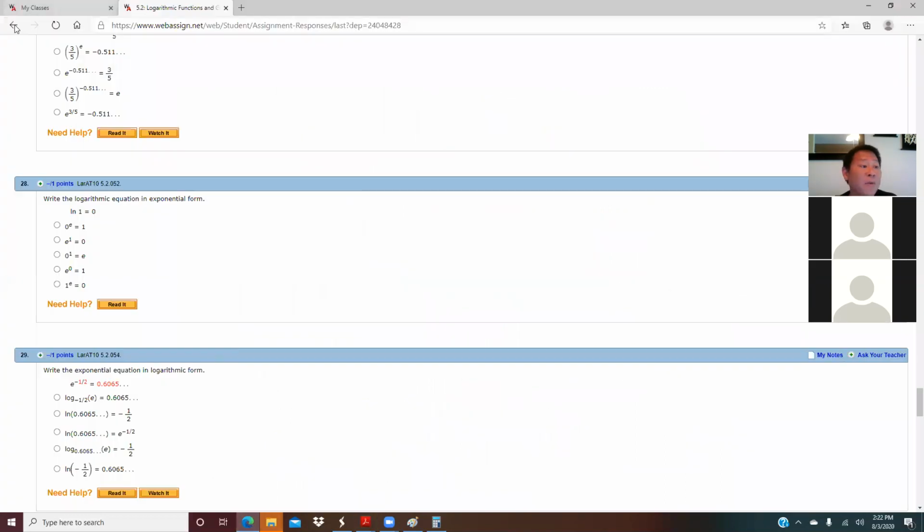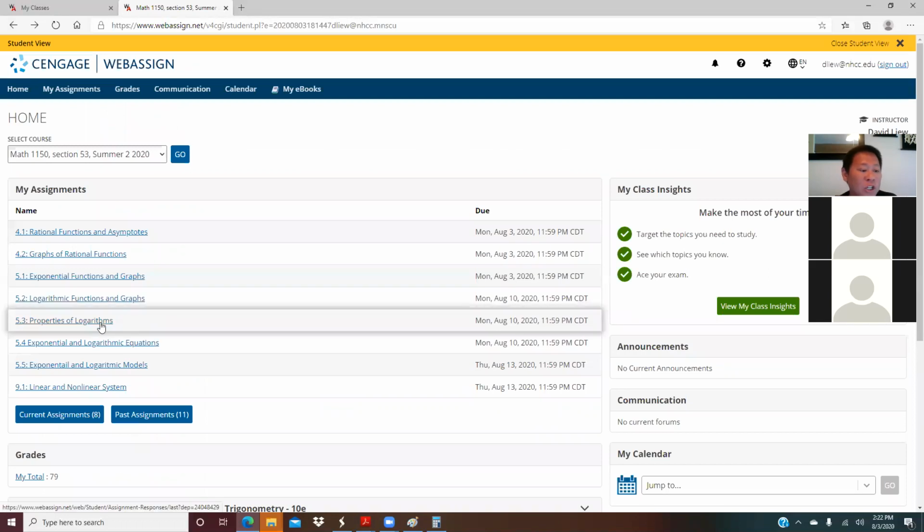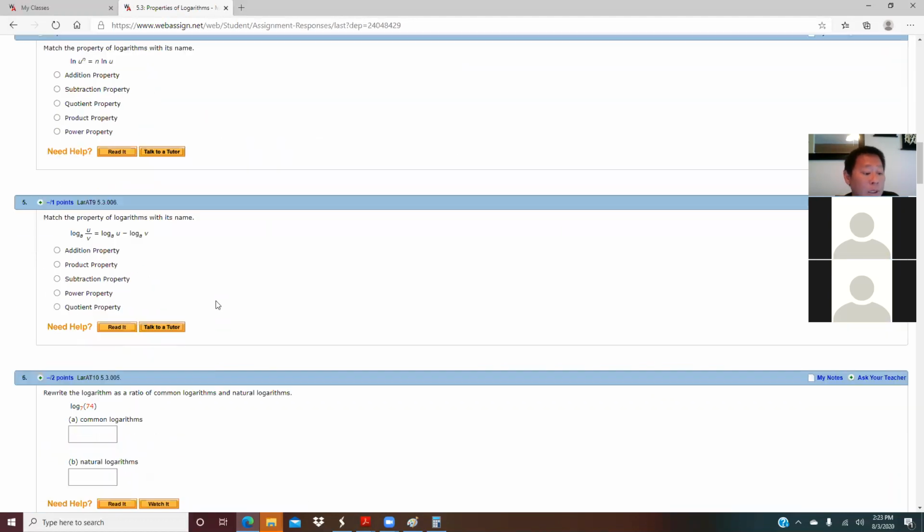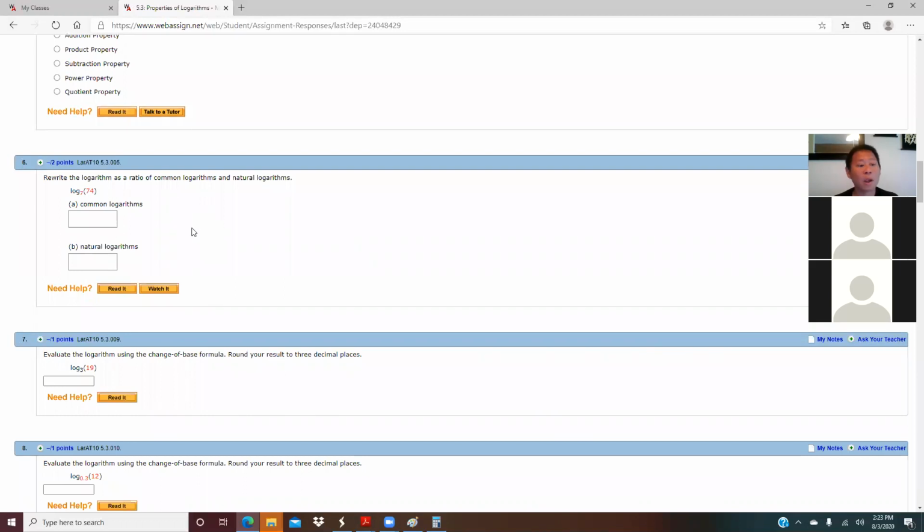Change of base is a very easy part. The reason why you need to know change of base is because of your calculator. We use change of base a lot. An example will be something like this. This question wants you to, like number 6, rewrite this in common log.